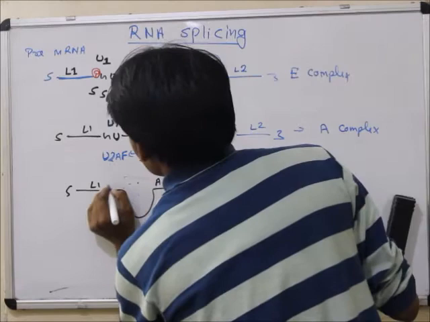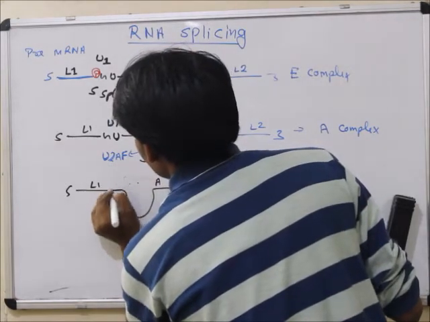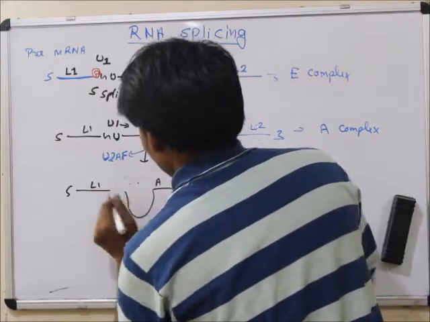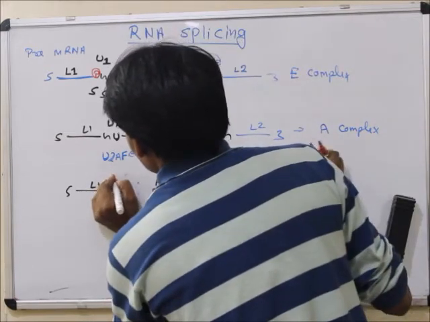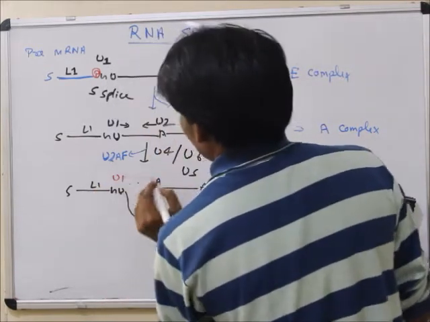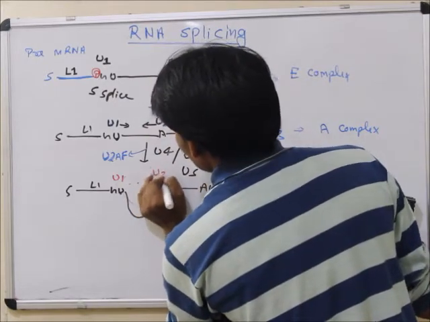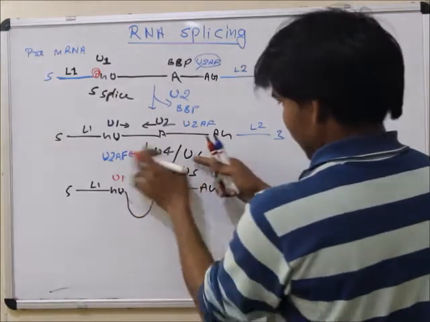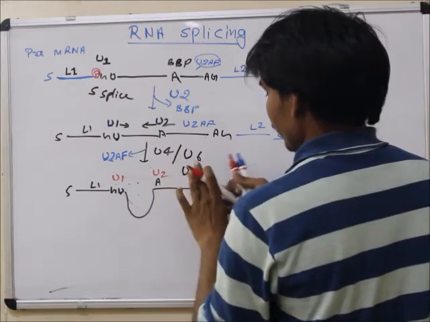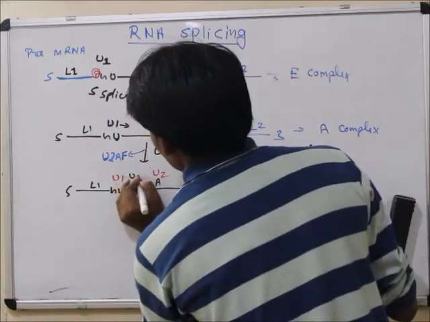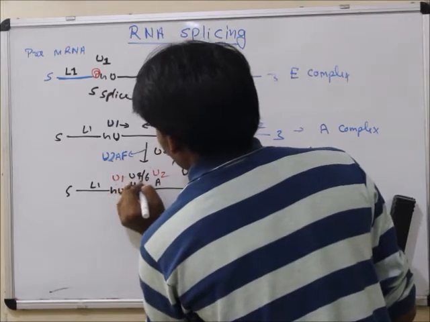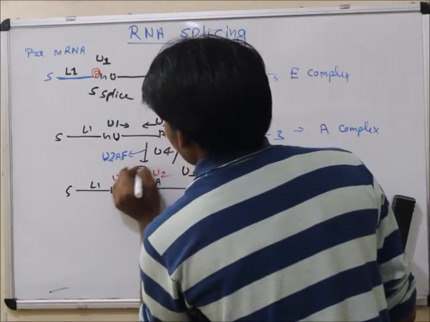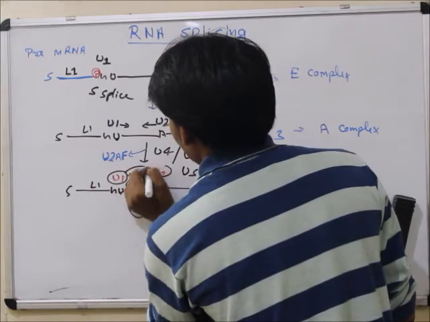So there is GU, U1, U2, and all these U4, U6, U5 complexes.